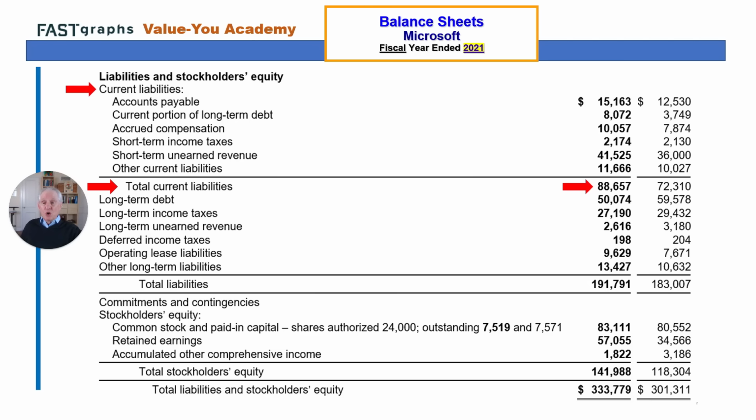Now, some of their long-term liabilities, like long-term debt, $50 billion. That's what they borrowed from the banks and are paying interest on. They got some long-term income taxes. Now, long-term unearned revenue. That's an interesting number. That's like money they've received they haven't given anything for yet, so they set up a reserve.